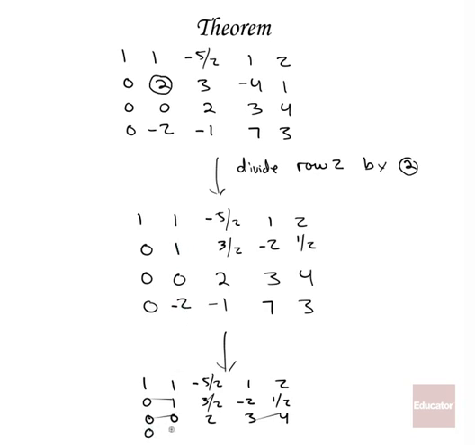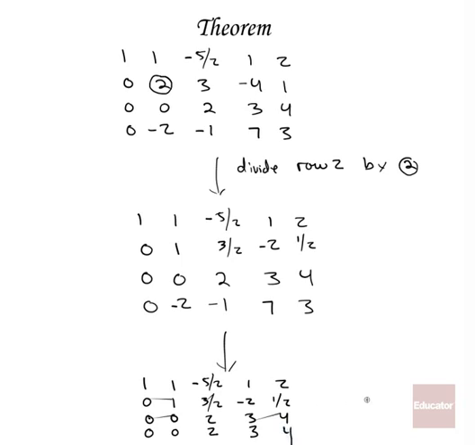So we'll end up with 0 here. +2 times 1 is 2, -2 is 0. +2 times 3 halves is 3. 3 minus 1 will end up giving me a 2. +2 times -2 is 4. -4 plus 7 should be +3. And +2 times 1/2 is 1. 1 plus 3 is 4.